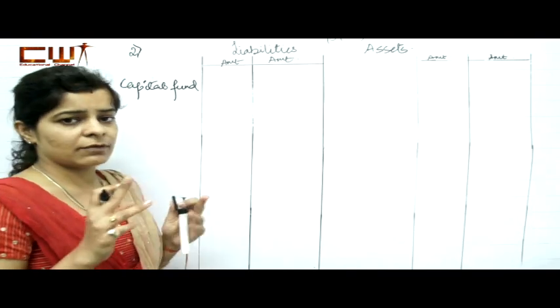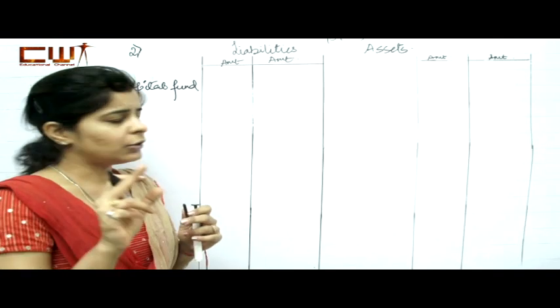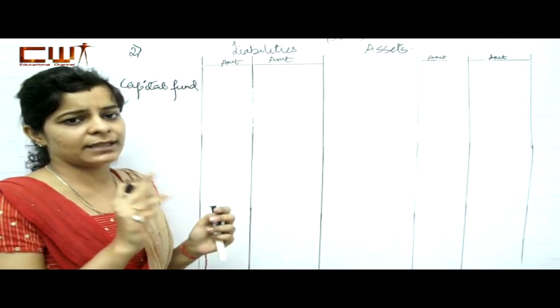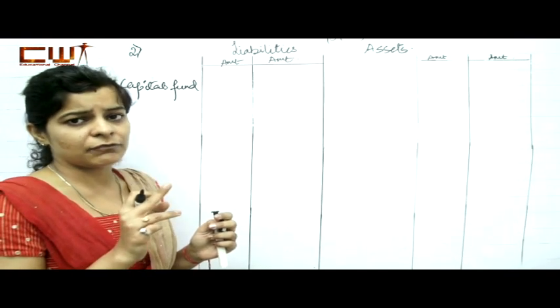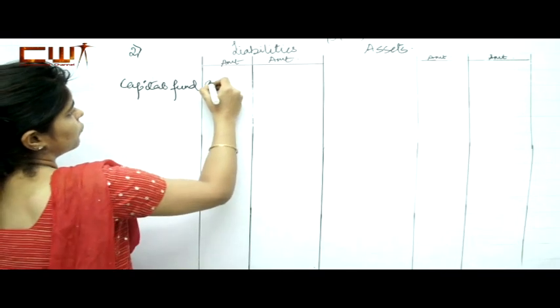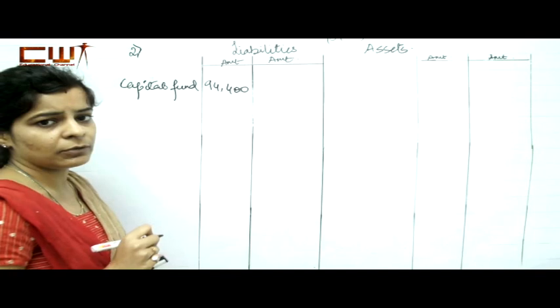But in this question they have given, see in the question, just above the receipt and payment account, you have been given an opening balance sheet. In that opening balance sheet, left side they have given the capital fund, the calculated capital fund, and that amounts to 94,400.